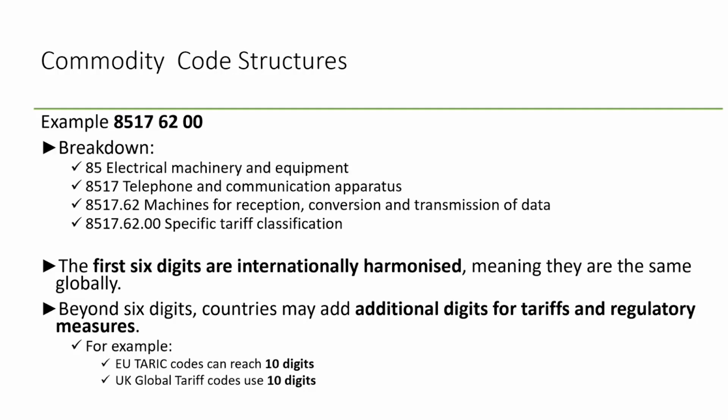For other countries, there can be more. For example, for China, the standard amount of digits in a commodity code is 13. It can go up to 17. So that can change regionally, but the first 6 digits will remain the same. They're internationally harmonized. And then, as mentioned, the last digits from a European perspective and from a UK perspective are added on at regional and at country level.